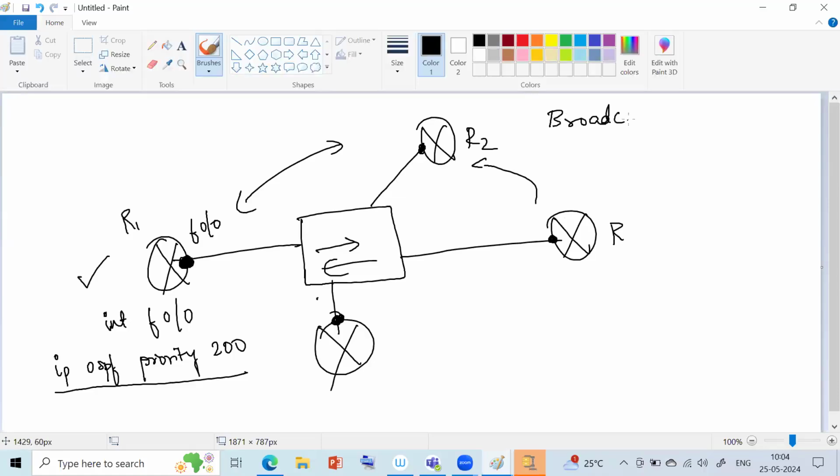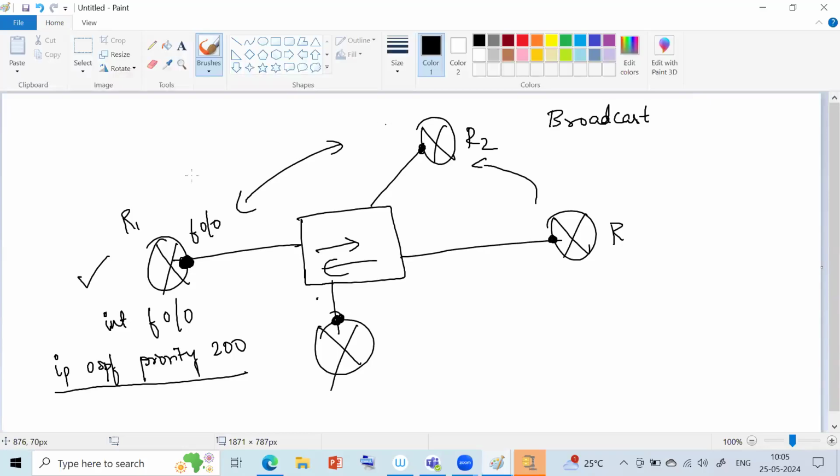And in a broadcast multi-access network, what is a multi-access network? Where more than one device is there. If it is a broadcast multi-access network, then I have to choose DR and BDR.